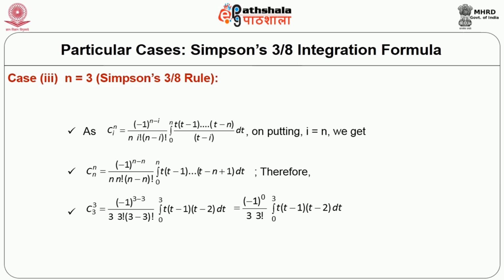In this let us put n equal to 3 and i also equal to 3. So if I put i equal to n first, ncn becomes (minus 1) raised to (n minus n), that is minus 1 raised to 0 which is 1, upon n factorial into (n minus n) factorial, integral 0 to n of t into (t minus 1) ..., the last term will be (t minus n plus 1), because the (t minus n) upon (t minus n) will cancel.